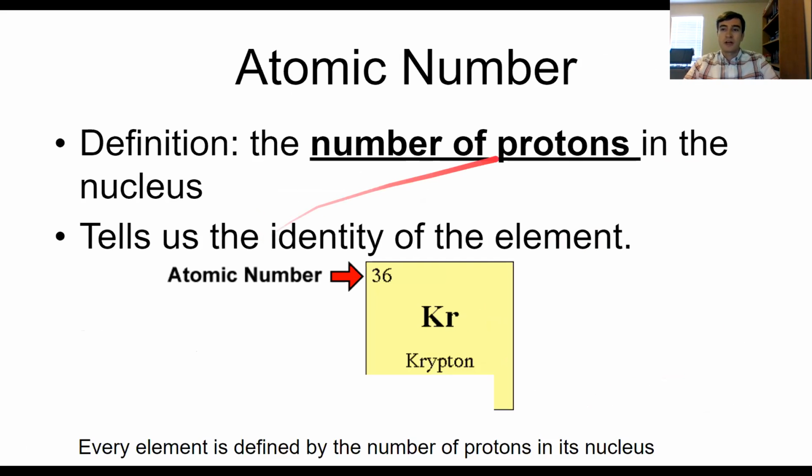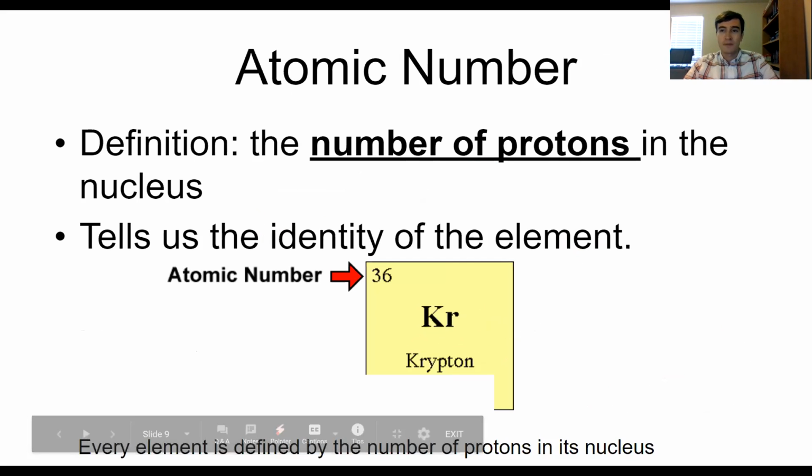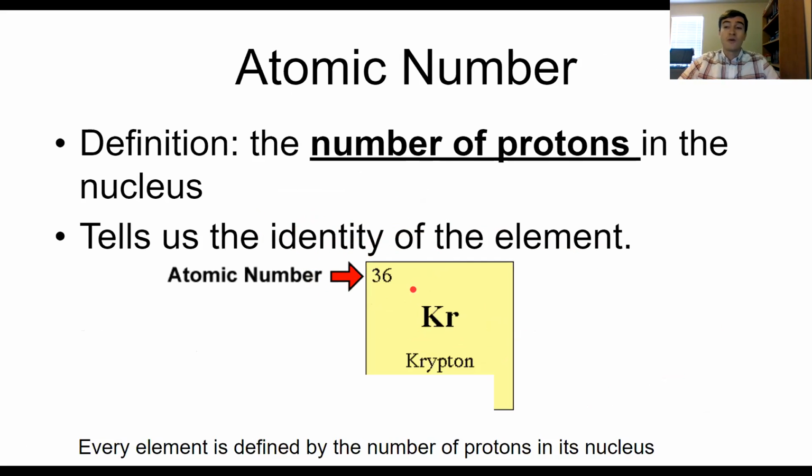The name and the symbol are pretty straightforward, so we don't really have to talk about those anymore. But the first number I want to go over is the atomic number. Not only does each element have a unique identifying atomic number, that number is based on the number of protons in the nucleus of that atom.